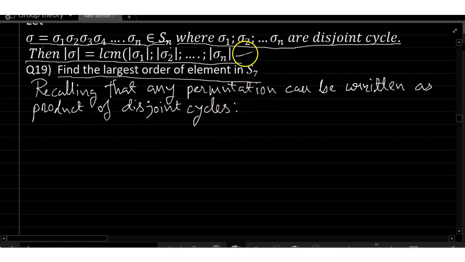This formula I am just recalling, that the order of sigma is equal to the LCM of these. So we can write the disjoint cycles C equal to C1, C2 up to Cr.